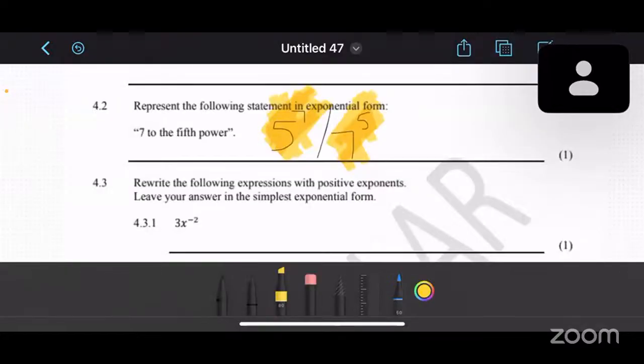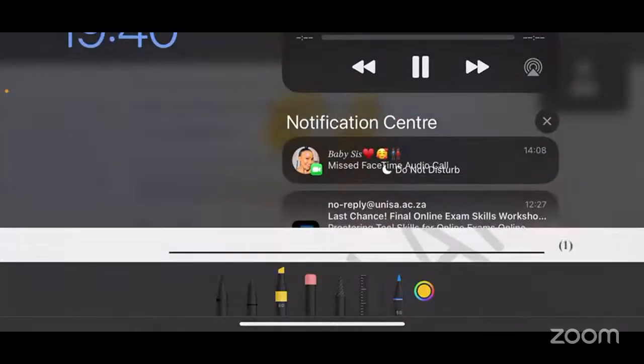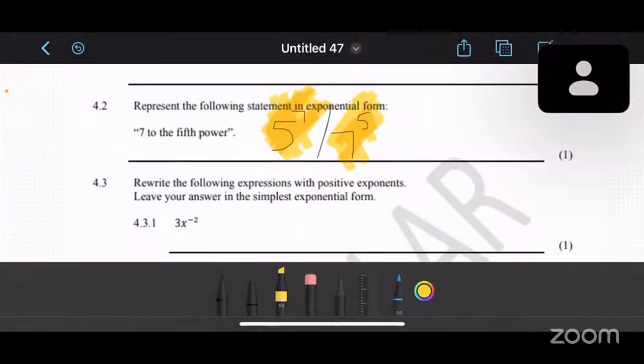Our final answer is going to be 3x to the power of 2. Positive 2. Okay.